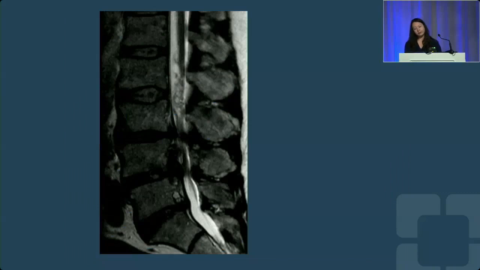And then here you have severe canal stenosis, and one thing that we like to make note of in the impression is if there is cinching of the cauda equina nerve roots. If you see this kind of wavy pattern of the cauda equina, that tells you the degree of stenosis that's further down.